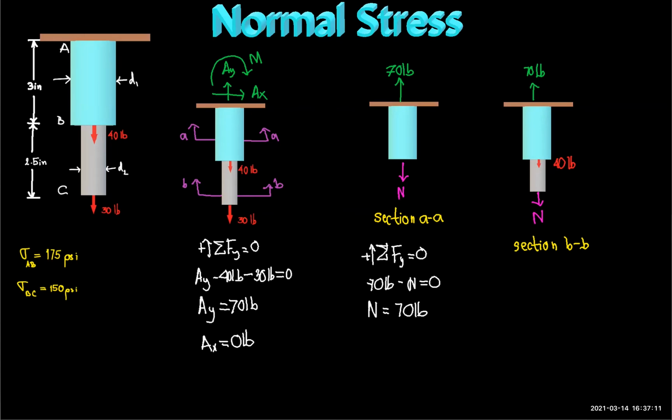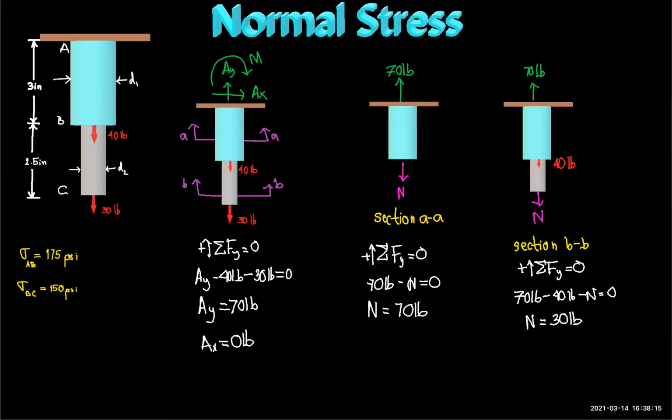Once we have all the forces in the free body diagram of the segment, we can start adding all the forces along the y direction so we can find the value of the normal force at that point. So from here, we can see that the normal force has changed, and this is due to the 40 pounds force applied at point B.